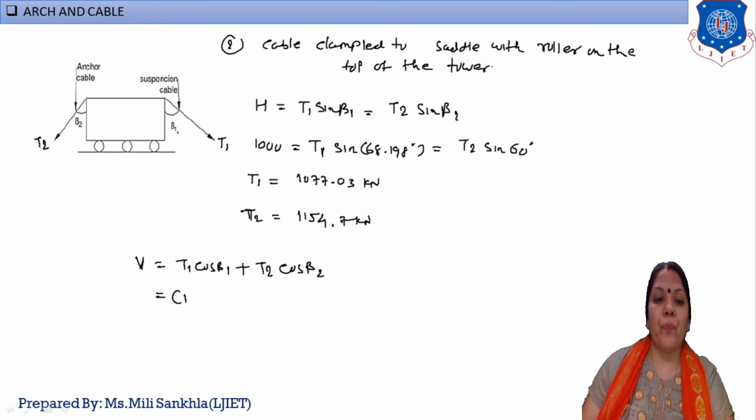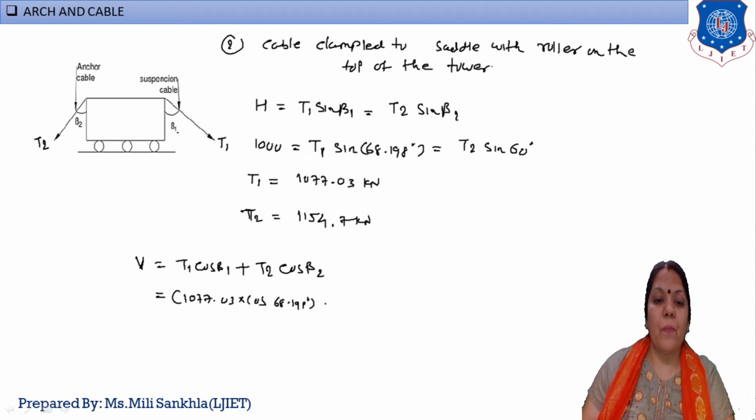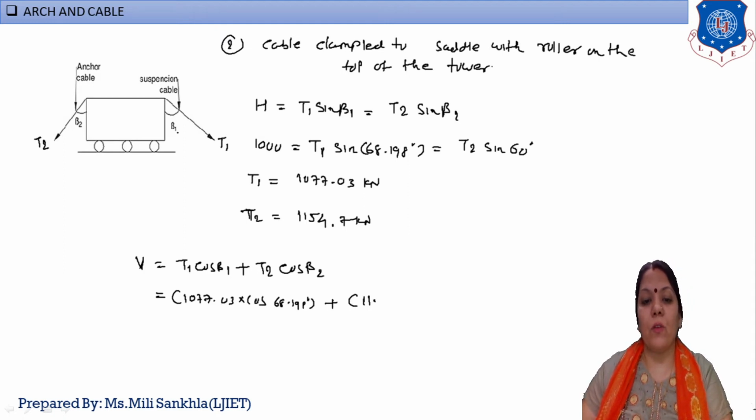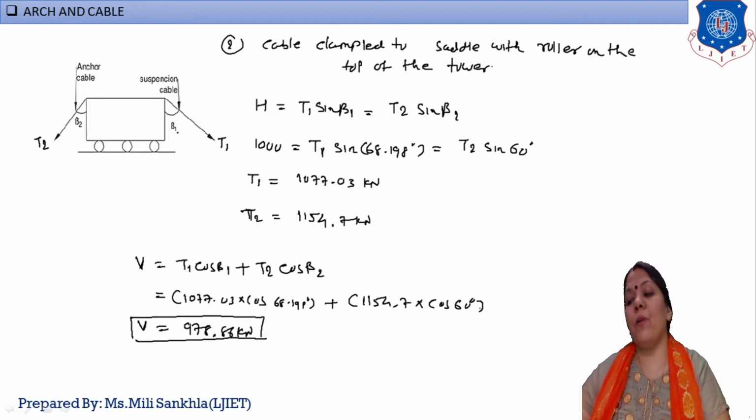T1 is equal to 1077.03, cos beta 1 is 68.198 degree, plus T2 we found 1154.7 into cos beta 2, that means 60 degree. My final answer of V is equal to 978.86 kilonewton.